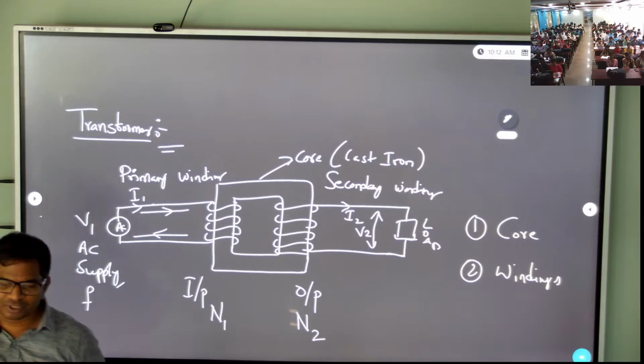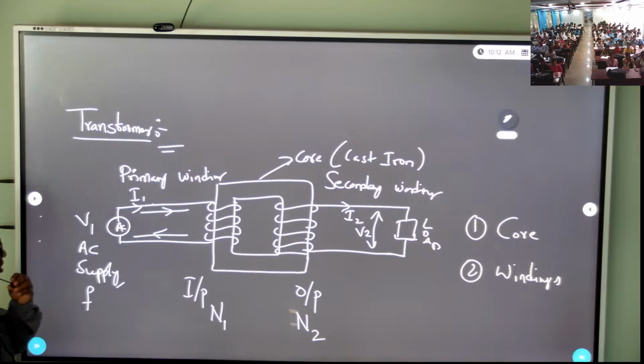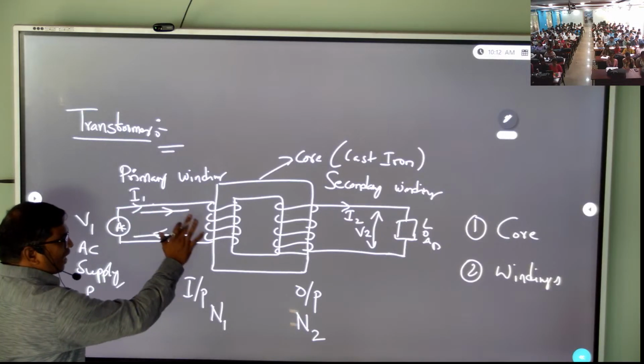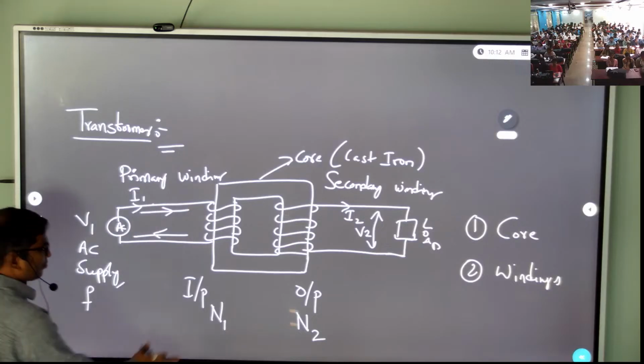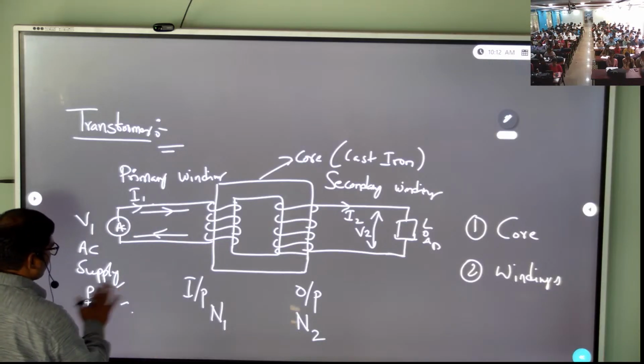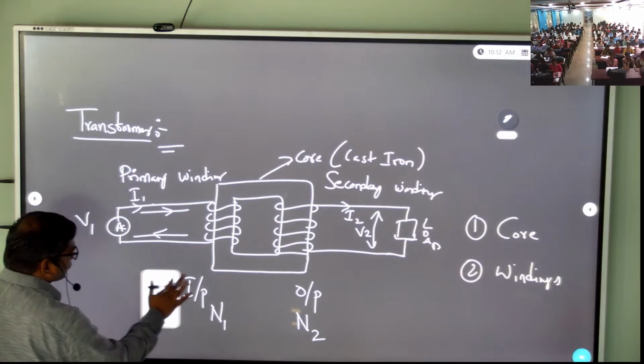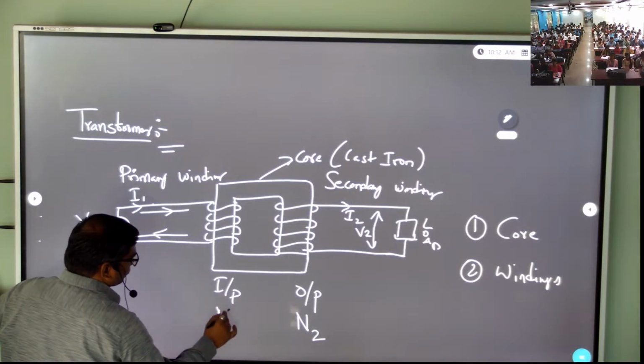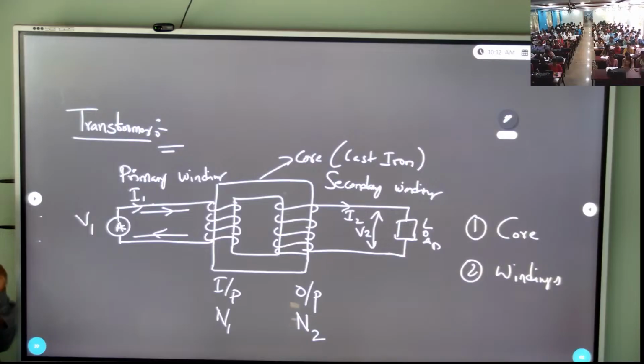Before that, see, the primary winding, the input winding, is connected now. Now we will see how it works, and how the voltage level changes from input to output.